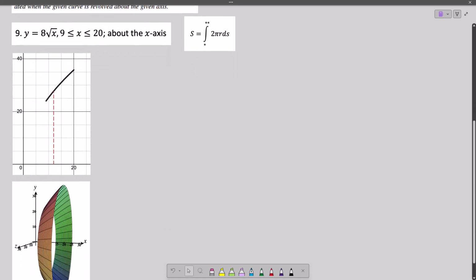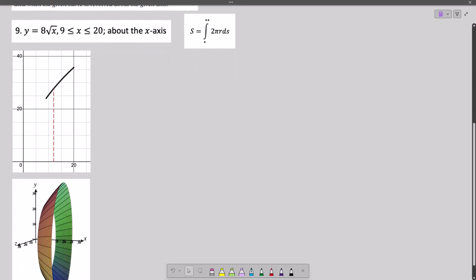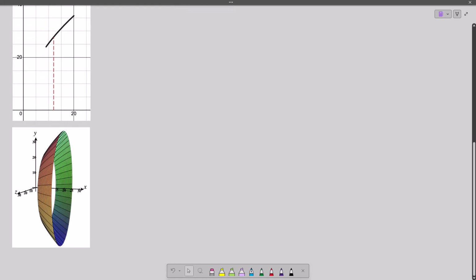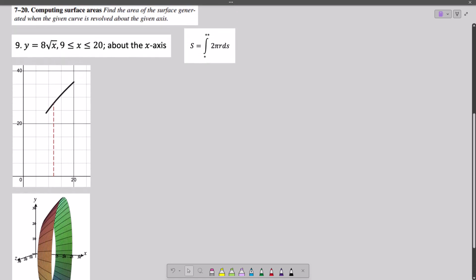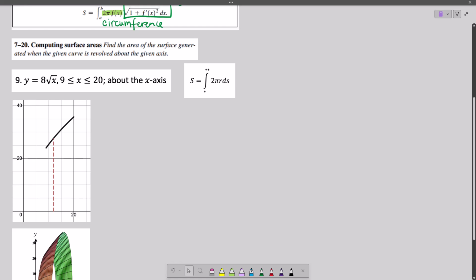So here is that curve in the first quadrant, rotates around and it creates that looking thing, whatever that is. There's our function. So in your mind, you're thinking about, okay, this point on the curve, it's that far away from the x-axis. So let's find the circumference when you rotate around the x-axis.